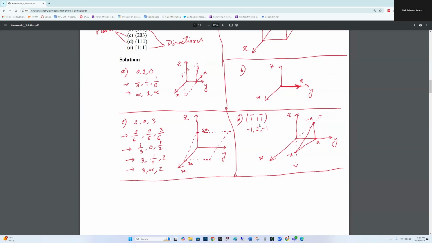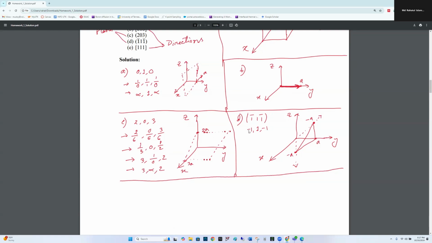The process was to divide these numbers by the LCM, but the LCM of these numbers is 1. So if you divide by 1, you will get the same thing. Then you have to invert them, but if you invert them, you will get the same numbers. After these two processes, the numbers will be the same. That's why no calculation has been shown here.